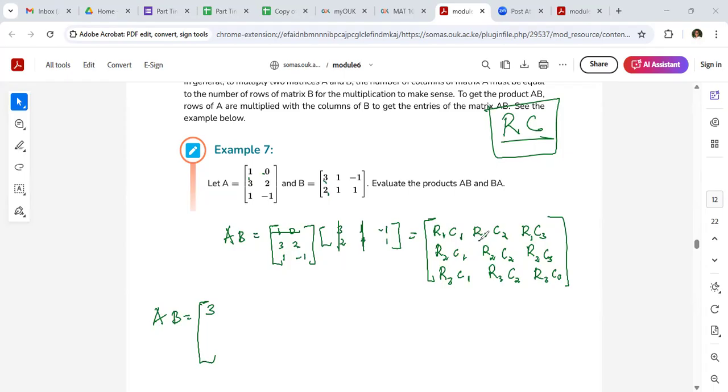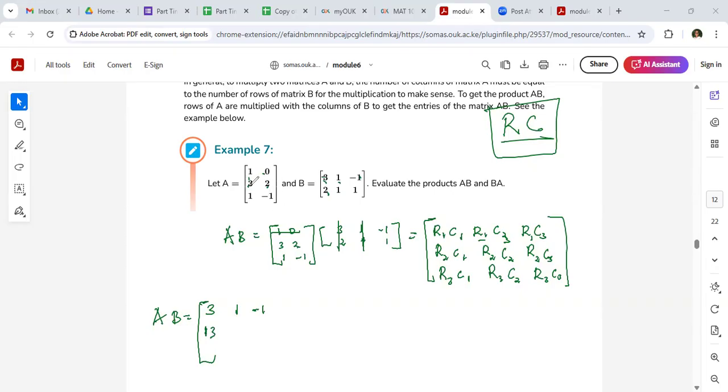Then row 1 multiplied by column 2: 1 multiplied by 1, 0 multiplied by 1, that is 1. Then 1 multiplied by negative 1, 0 multiplied by 1, that's negative 1. Then 3 multiplied by 3 plus 2 multiplied by 2. So that is 9 plus 4, which is 13.